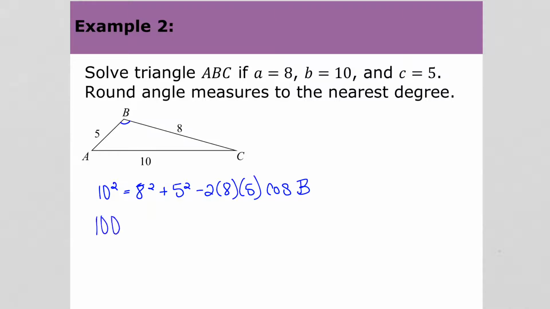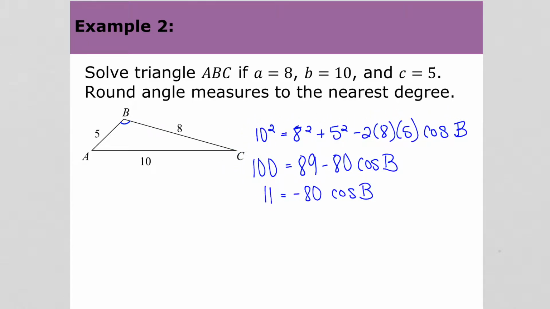So we've got 100 equals, that's 8 squared plus 5 squared, which is 89. 2 times 8 times 5 is 80. So we need to subtract 89 from both sides. That's 11 equals negative 80 cosine of B. I'm going to move this because I don't have quite enough space right there.